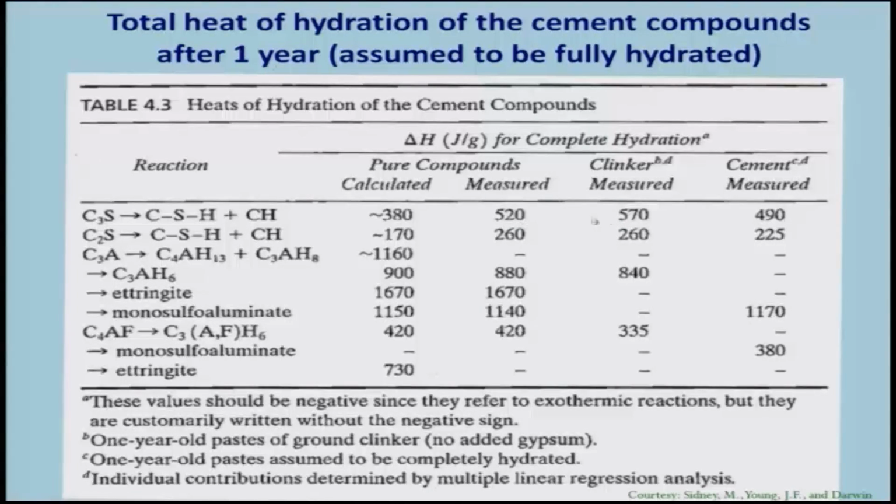So here it is 520, 570, 260, 260, 880, 840, 420, 335, somewhat lesser, and primarily some impurities can actually cause substantial changes to the heat of hydration. Likewise, cement measured is also provided for comparison with the others.